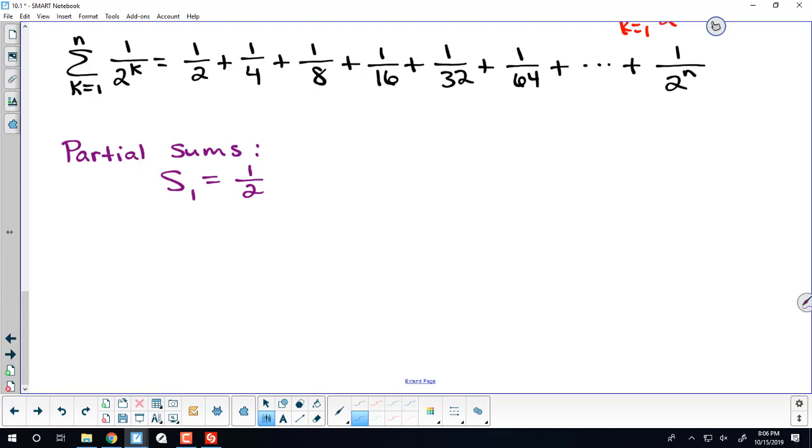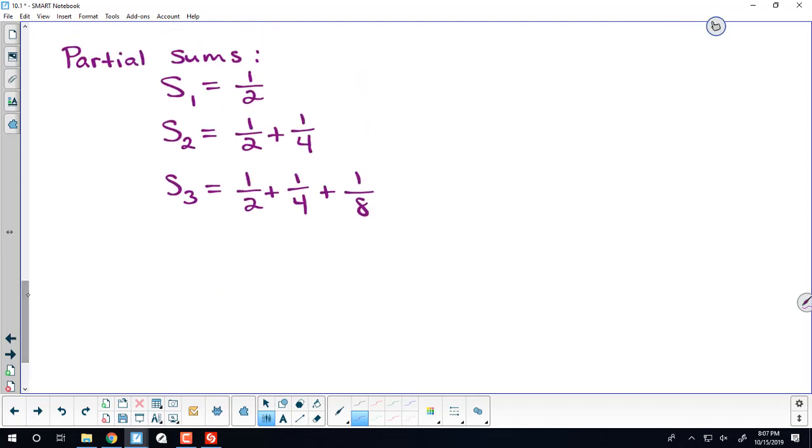The second partial sum is 1/2 plus 1/4. What's the third partial sum? 1/2 plus 1/4 plus 1/8. Does everybody see how the partial sum thing works?